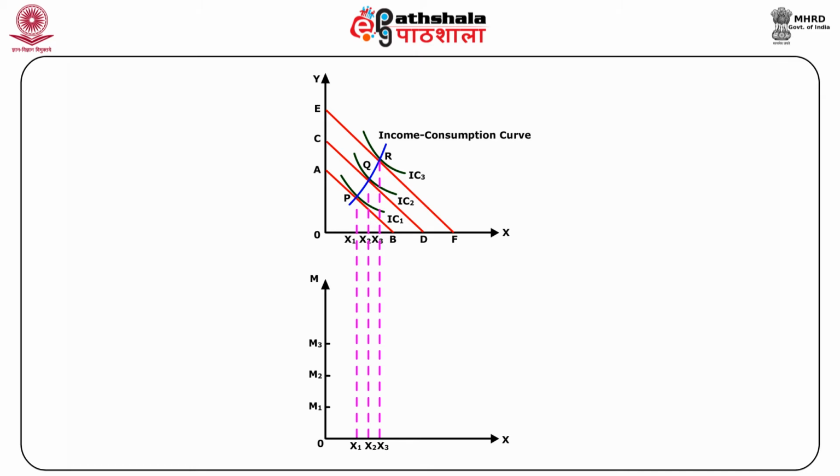Each point of the ICC corresponds to a particular level of income and to a particular quantity of X and Y. The various combinations of the income level and the quantity purchased of good X, that is M1 OX1, M2 OX2 and M3 OX3, are plotted in the lower panel to obtain the Engel curve for good X. The income quantity combinations shown by points P dash, Q dash and R dash in the lower panel of the figure correspond to the consumer's equilibrium points P, Q and R respectively in the top panel of the figure.